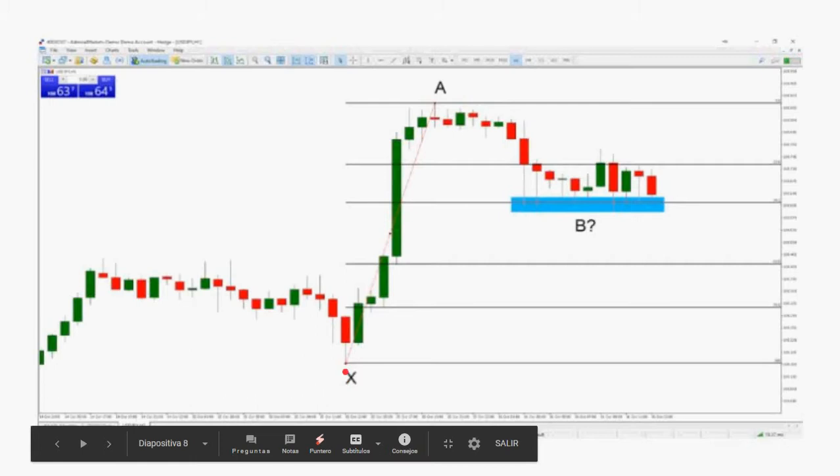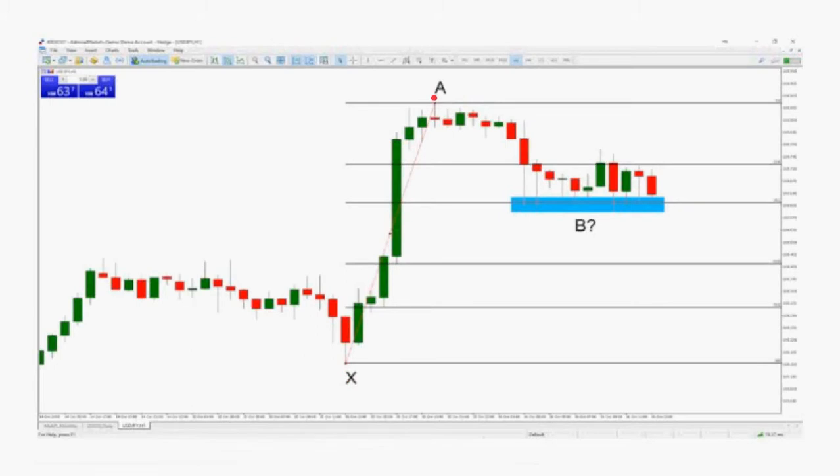The X point is the lowest price and the A point is the highest price. Then you have to select the Fibonacci retracement tool from the top menu by pressing Insert, Objects, Fibonacci, and finally selecting Fibonacci retracement.